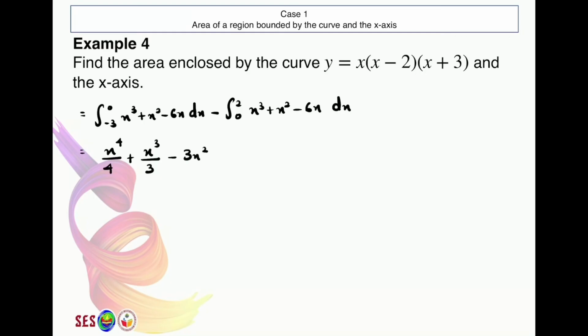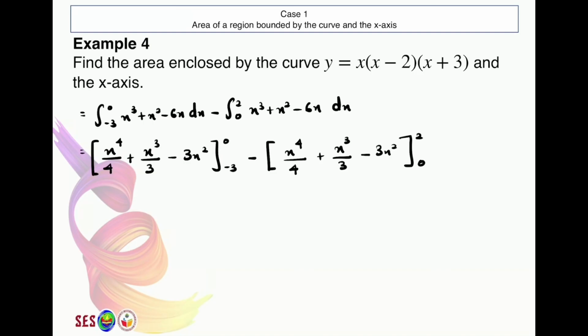The interval is from -3 to 0, minus x to the power 4 over 4 plus x to the power of 3 over 3 minus 3x squared, because they are similar, from 0 to 2.